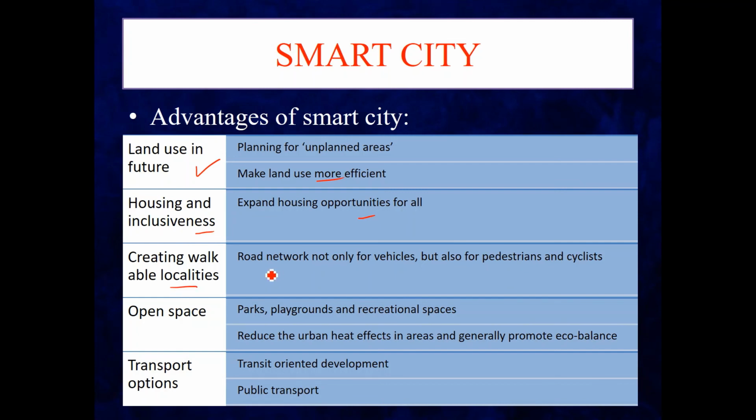Walkable means road network not only for vehicles but also for pedestrians and cyclists. We have to provide the same facility for them, not only for bikes and cars. Open space, we have to provide park, playground, transport options, transit oriented development and public transport.